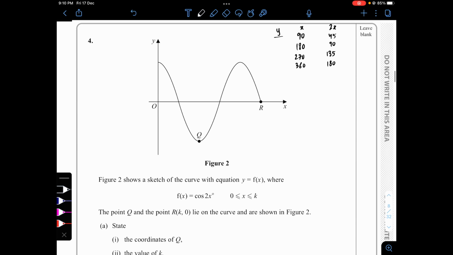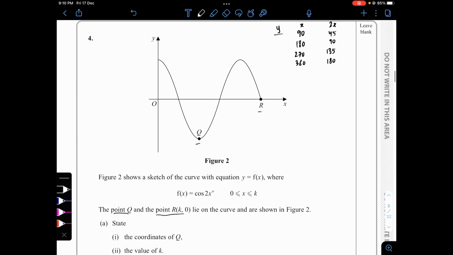Okay, so now the question says point Q and point R lie on the curve. State the coordinates of Q and the value of k. So we said that the values at 90 usually are now at 45, because this is 2x, right? So when it intersects the 0, this is 0, this is 1, and this is -1.